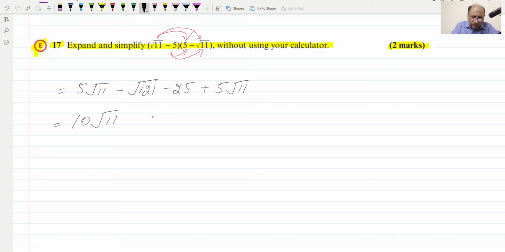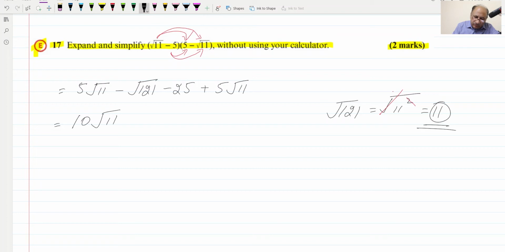We can rewrite root 121 as root of 11 squared, and the root and square will cancel, and the answer for this part will be 11.